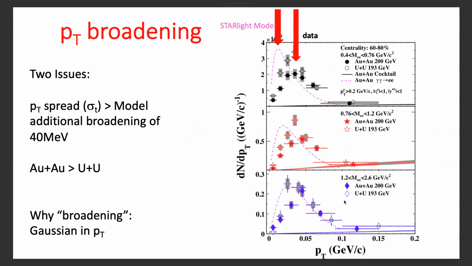One way of explaining it is that the electron-positron pairs are diffracted in the QGP magnetic field, and it seems the order of magnitude of the magnetic field is about right. So that's very exciting. This is the pair pT distributions for gold and uranium and the theory. It's actually very different; it gets much broader.